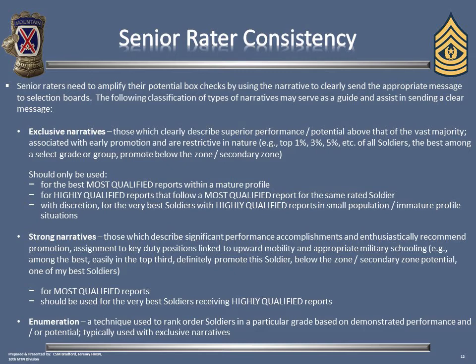Enumeration is a technique that is used to rank order soldiers in a particular grade plate, based again upon their demonstrated performance or their potential. And enumeration is typically utilized in exclusive narratives.